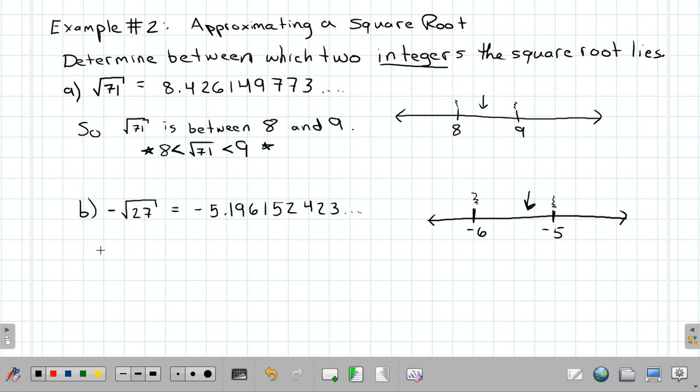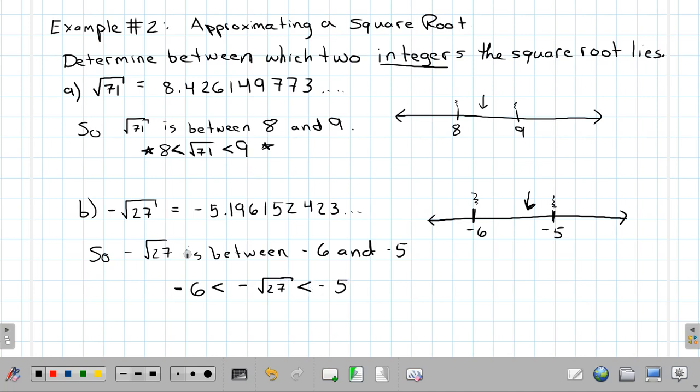So the simple answer here is negative square root of 27 is not equal to, is between -6 and -5. Okay. Once again, the fancy way, or the more mathematically accurate way, would be to say -6 is less than negative square root of 27, which is less than -5.